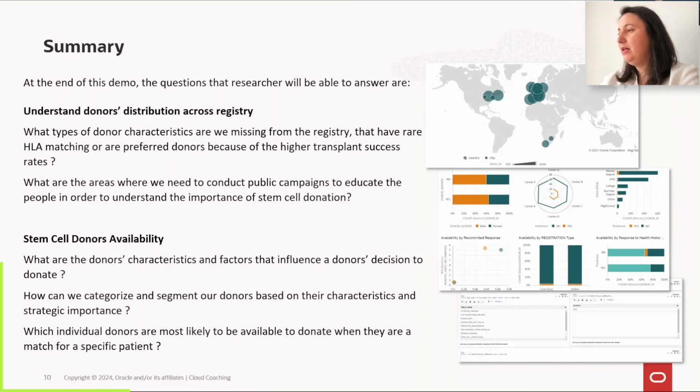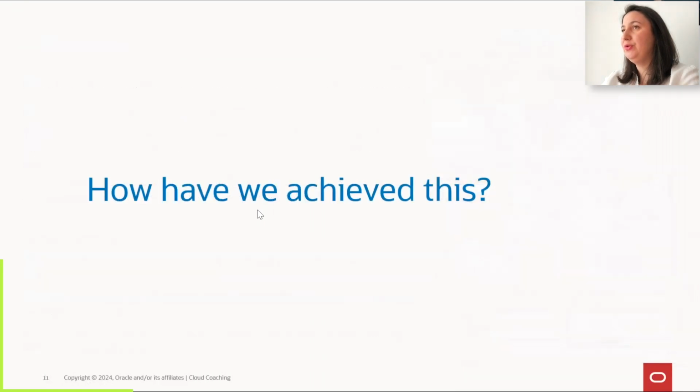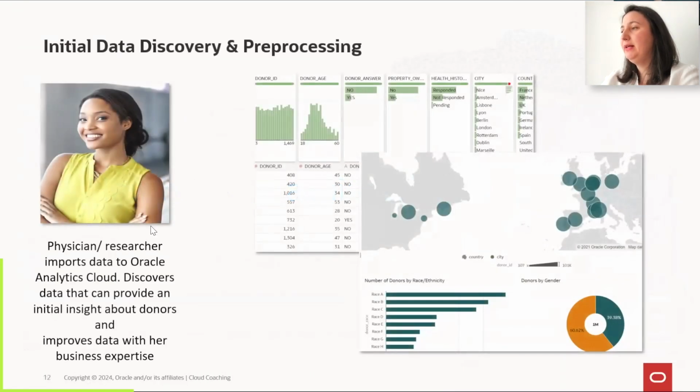So I will switch to my environment to show you how we achieved this. But I just want to explain the first step, which is we will start in the role of the researcher who has some data set on the donors, and she wants to have a high level overview about the donors.